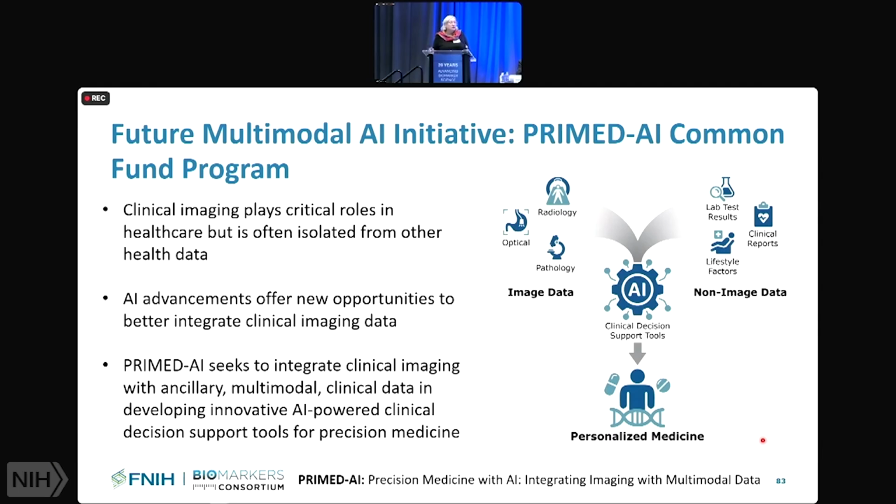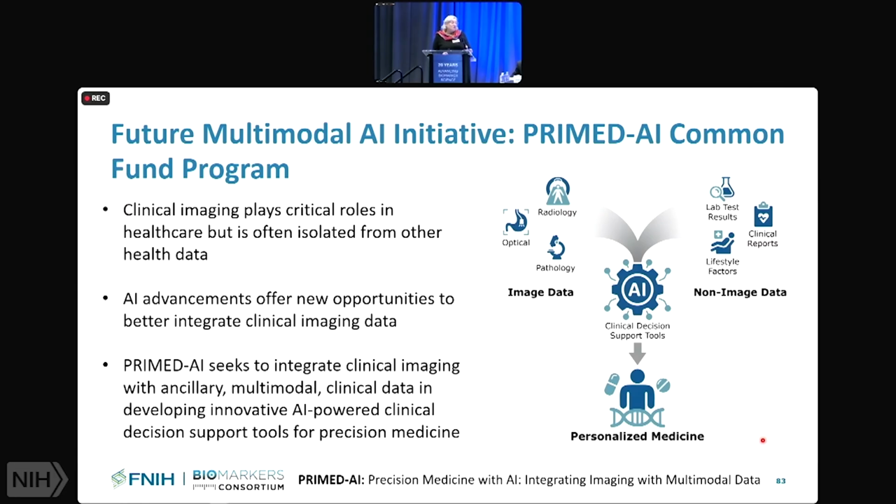Across the institute centers and offices, we're partnering on looking at how we can leverage clinical imaging. We know that it plays a really important role in healthcare. Often it's isolated from other types of healthcare data or even other types of real-world adjacent data like genomics, proteomics, multibiomics. We want to integrate these different types of data together.